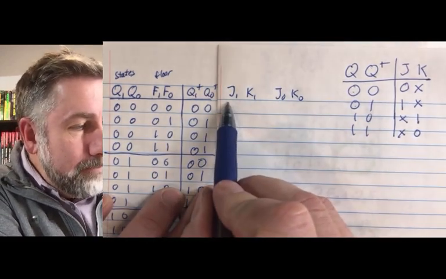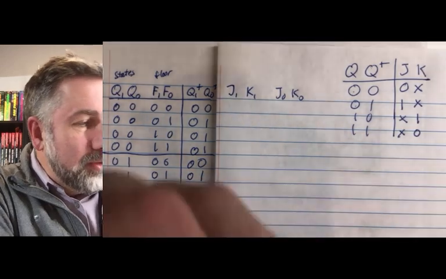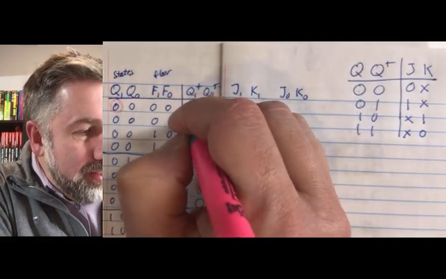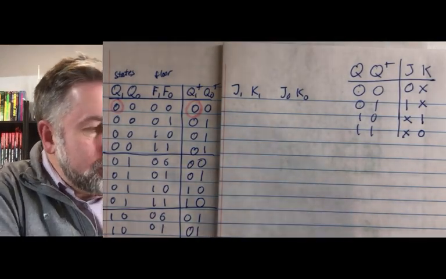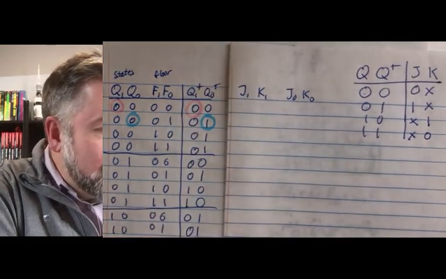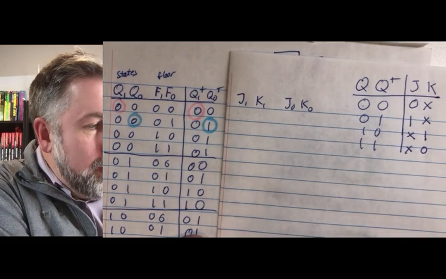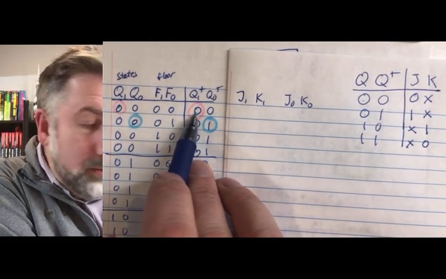So J1 is going to be, I'll do this for a couple of them just to make sure that the derivation is clear, and then we'll sort of rush through the rest of them. So these examples here, the pink one and the blue one, we'll look at. So in min-term 0, I'm in state 0 for Q1. I want to go to state 0 for Q1.